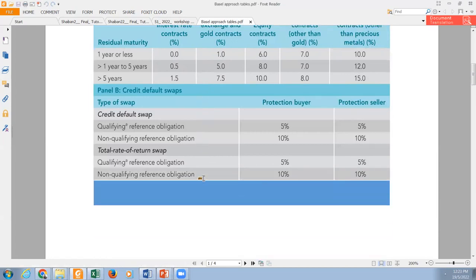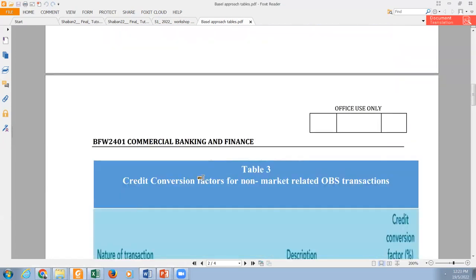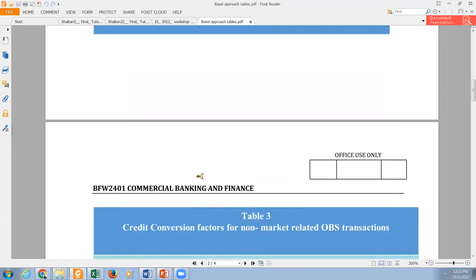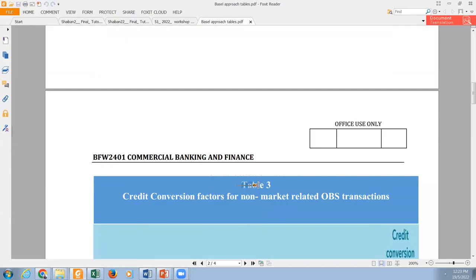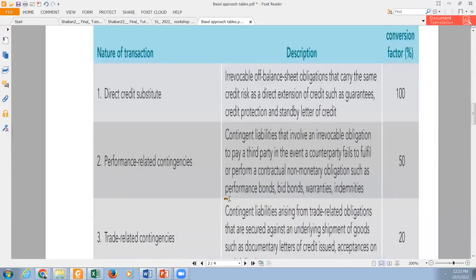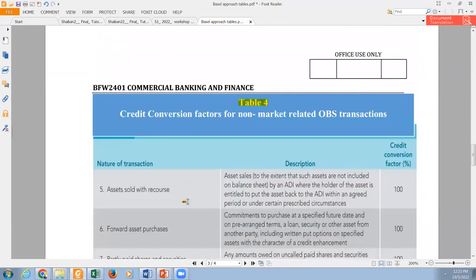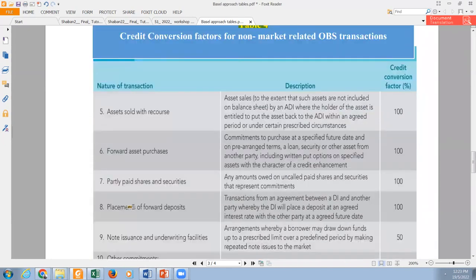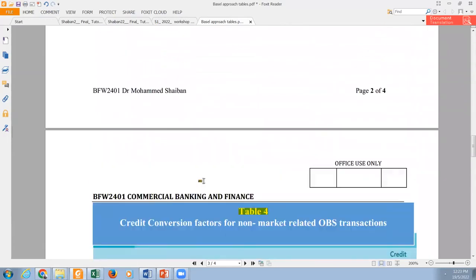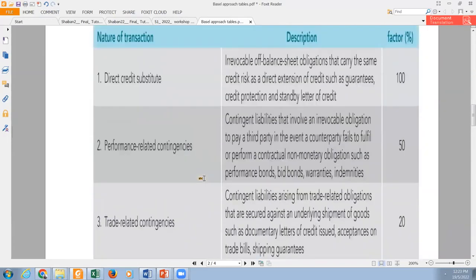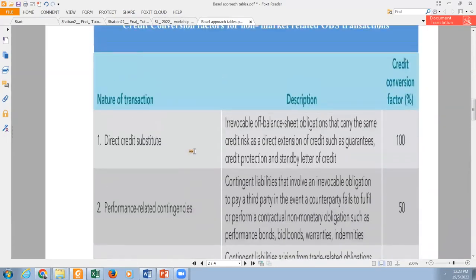Now for the non-market related, which is the LCs and the guarantees, we have to use table 3 and 4. Because in table 4, we have the commitments and all these issues. And for table 3, we have the contingencies.